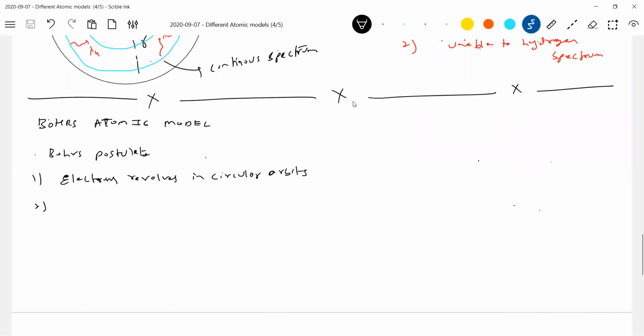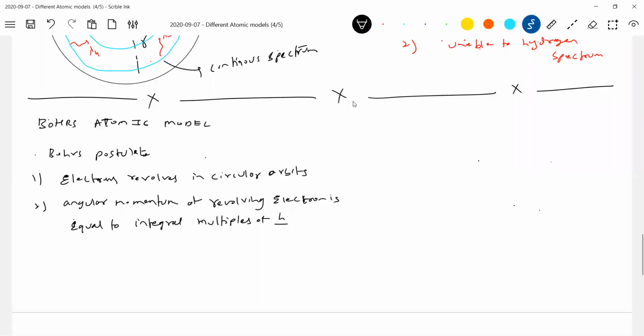Then he said that the angular momentum of the revolving electron is equal to integral multiples of h by 2 pi.